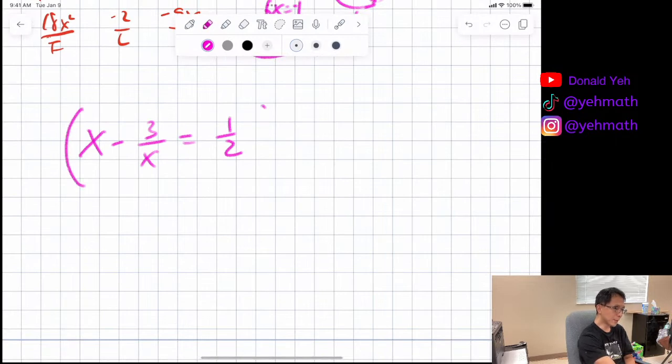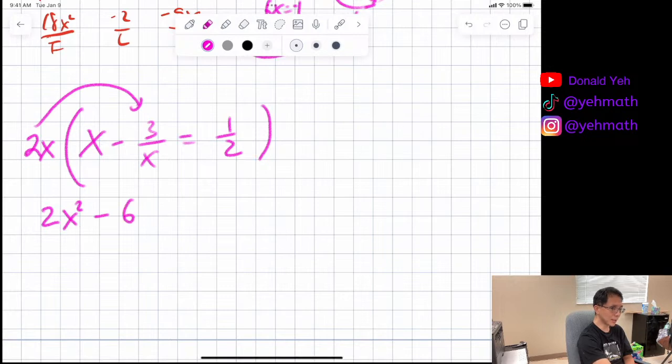The first step is we don't like fractions. We already talked about this before. I already told you this is one of the very important SAT strategies. If you see a fraction and you are solving the equation, you multiply by 2x. Why? Because the denominators are 2 and x. So it'll be 2x squared, and 2x multiplied by this, the x is going to cancel.